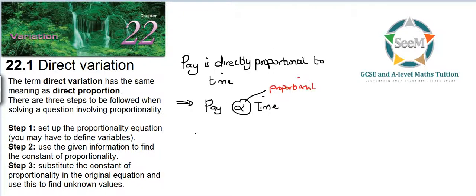Okay, well, this implies that pay equals some constant times time, where k is the constant of proportionality.